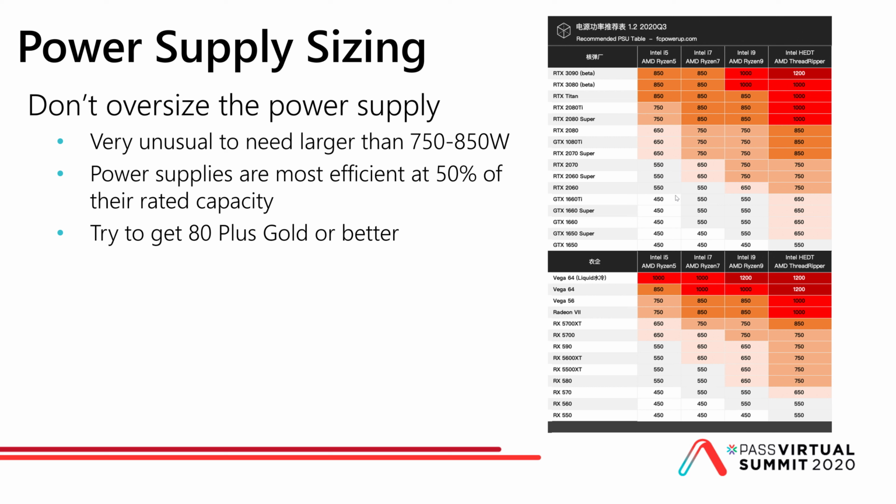In that case, you can get away with a 550 watt power supply, which is a lot less expensive than a 1,200 watt power supply. And you're going to be more efficient also, because you're only going to be drawing maybe 250 to 300 watts when you're running fully loaded on the GPU and CPU.